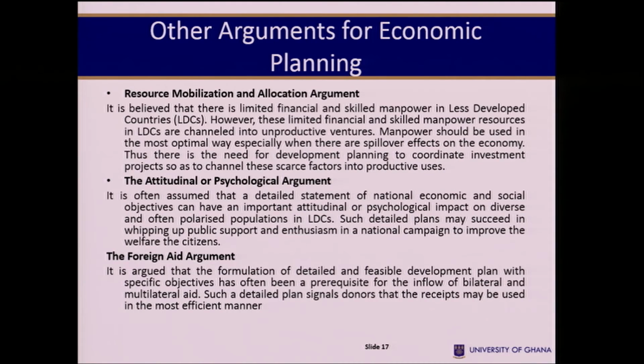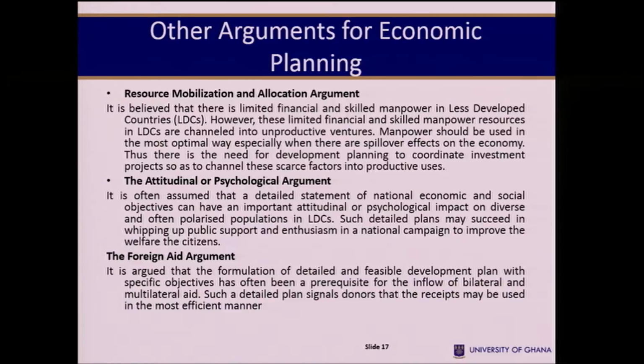In this case, if a foreign donor or a development partner wants to invest in your country, or wants to advance aid to you, he would expect to see what you would do with the aid. So they would always require that you put together a development policy framework so that they know what their money will be used for.